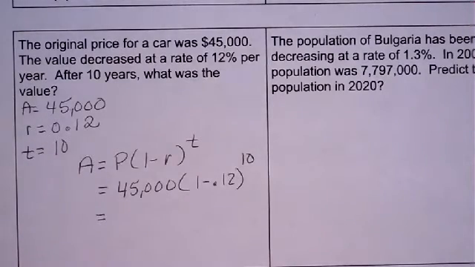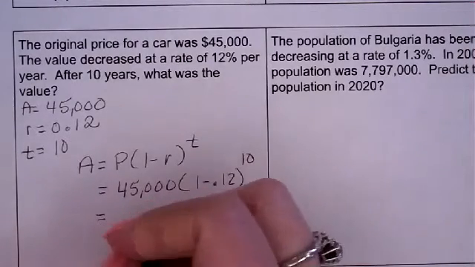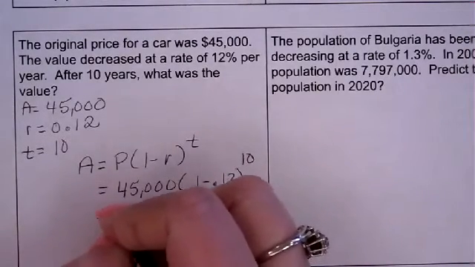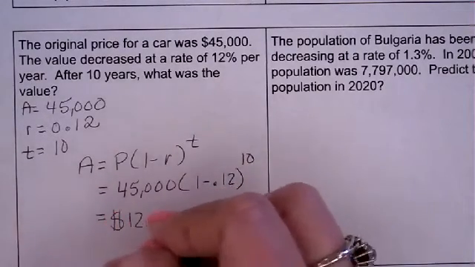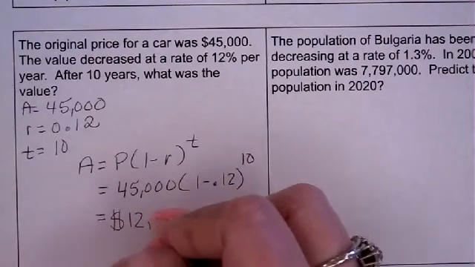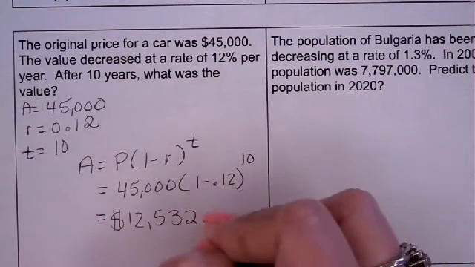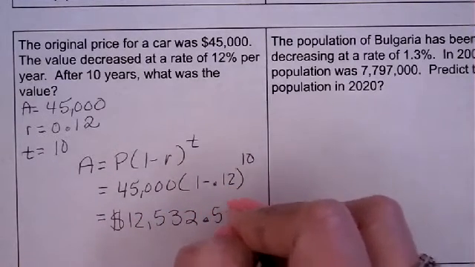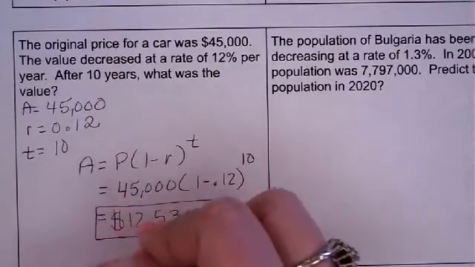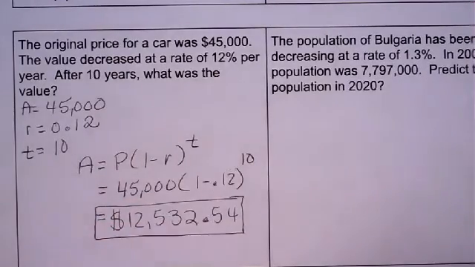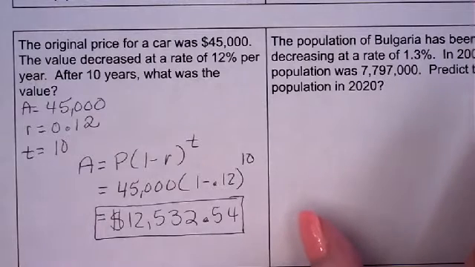And when you type this in, make sure you round it to the nearest penny because it is money. And what you're going to get is $12,532.54. So that brand new $45,000 car 10 years later is now worth less than $13,000. Okay, pause, copy that down, and then we'll go to example 2.